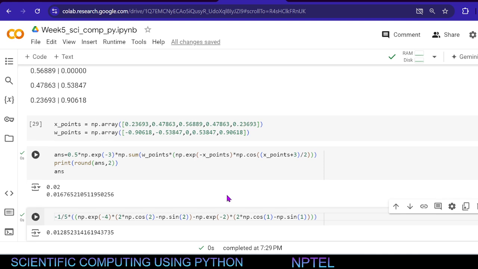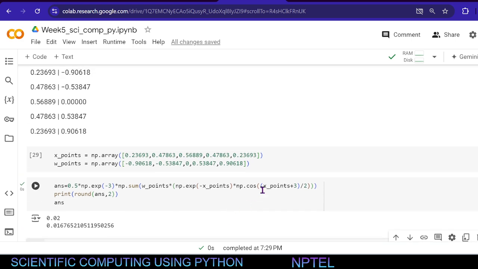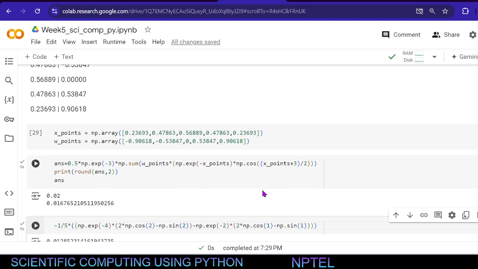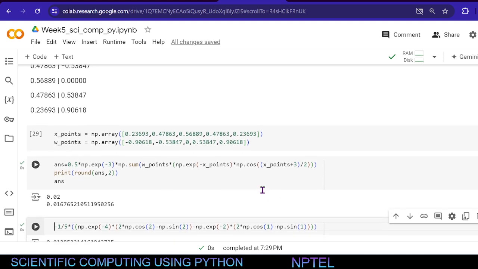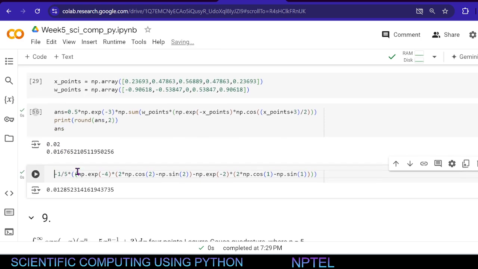Yeah, so I get around 0.02. I'm still not sure if this is the correct answer. Most likely it is. If it is not, then we'll revisit this problem again. Alright, so if we round off, it is 0.02.